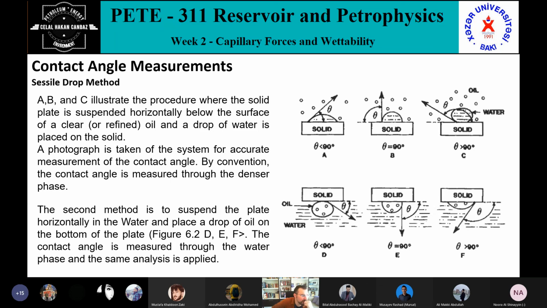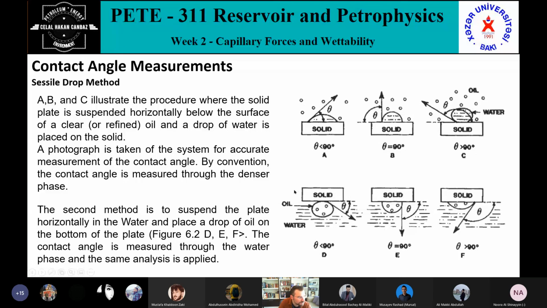There are some different procedures applied. For example, A, B, and C here illustrate the procedure where the solid plate is suspended horizontally below the surface of oil, and a drop of water is placed on this clear, polished rock surface.